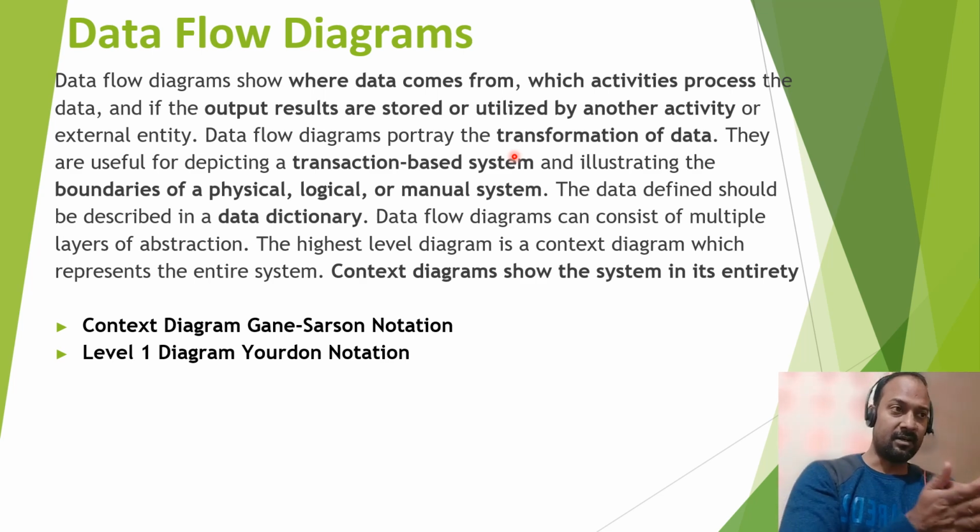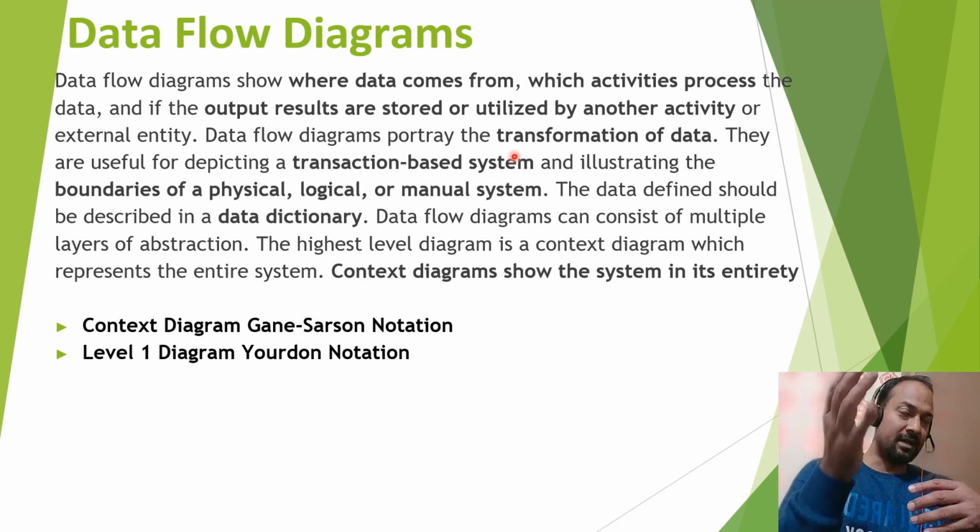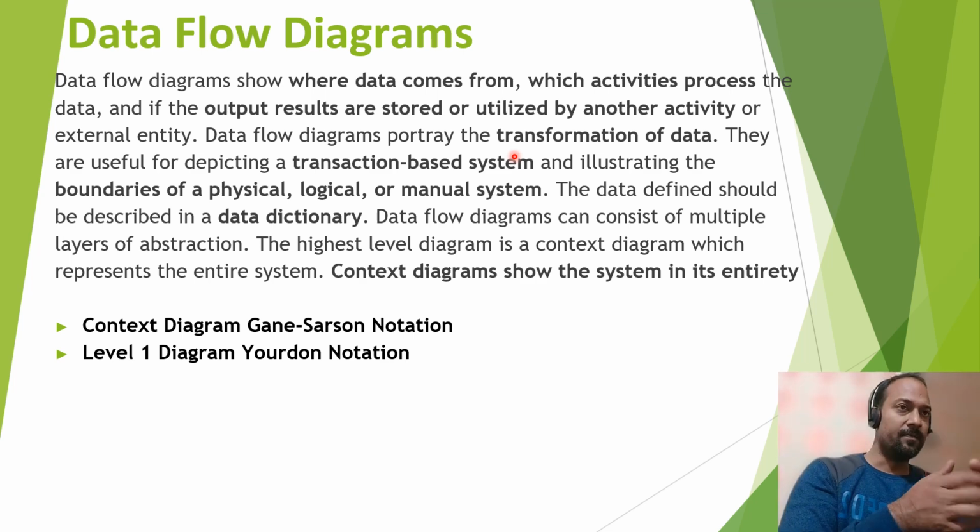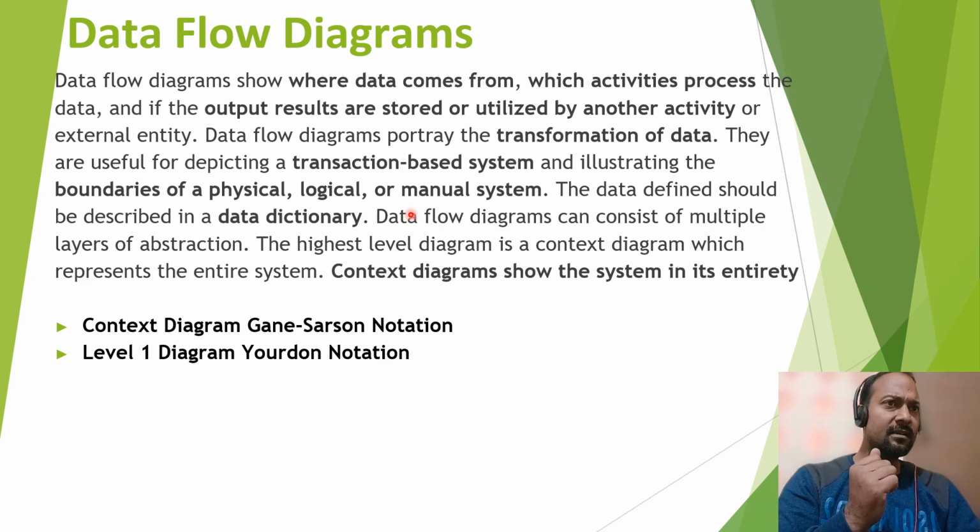The data is being transformed, like you are getting input in a text-based file, but when you process it, you transform it to some Excel-based file, or a code-based file. They are useful for depicting a transaction-based system and illustrating the boundaries of a physical, logical, or manual system.